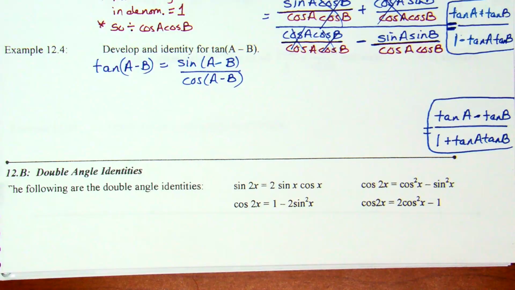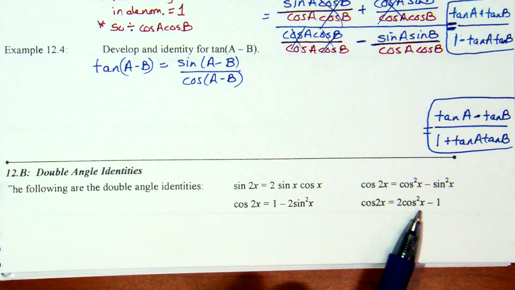And then if you recall, there were 3 for cosine 2x. They're all equivalent in a way, based on our Pythagorean identities. So cosine 2x is 1 minus 2 sine squared x. Or cosine 2x is 2 cosine squared x minus 1. Or cosine 2x is cosine squared x minus sine squared x. Those are all equivalent.